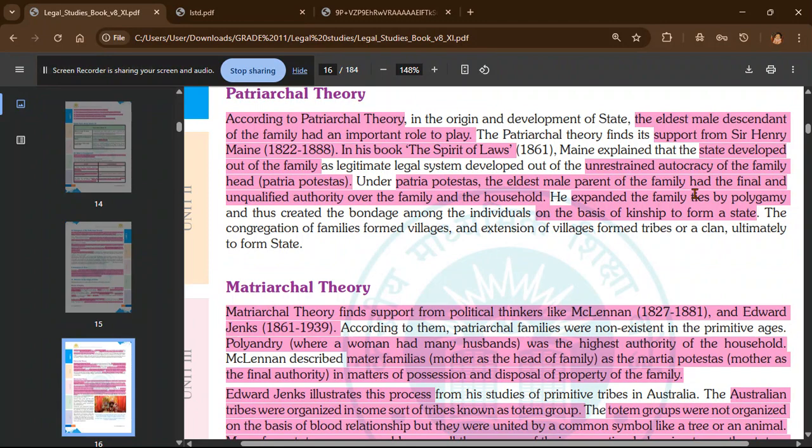When women have many husbands, it is called polyandry. This also you should keep in mind. So on this basis, kinship was used to form a state. Again over here also you can make that flow chart. Families form villages, extension of villages form tribes or clans, and ultimately form the state.